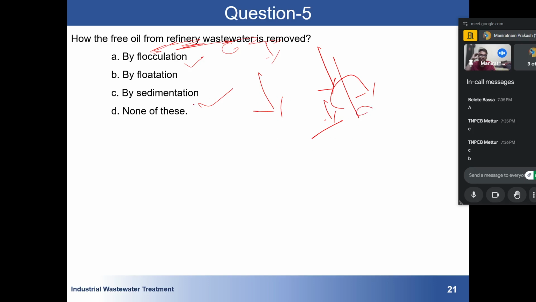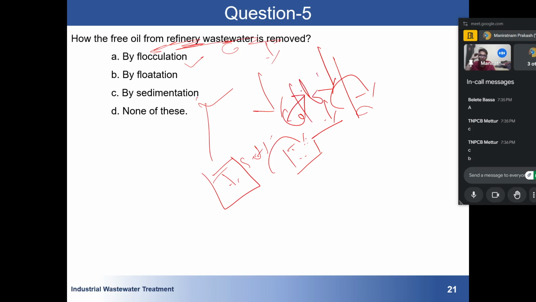In primary sedimentation, once the wastewater comes in, due to settling velocity some will settle down, but lighter material won't settle, so we have to coagulate or flocculate. First coagulation, then flocculation. And in flotation, due to gravity there will be some flotation, and it will be skimmed off.